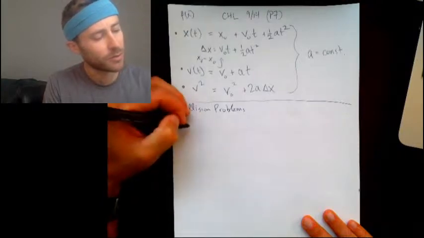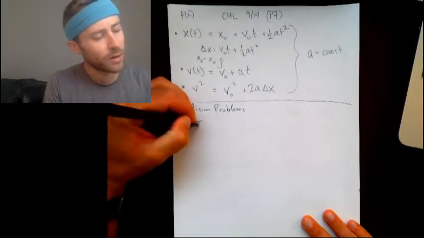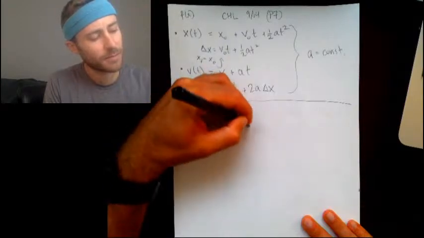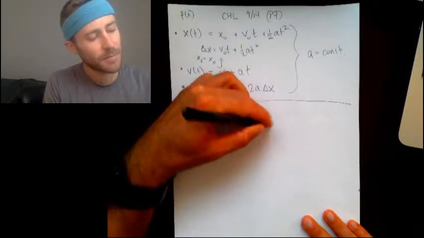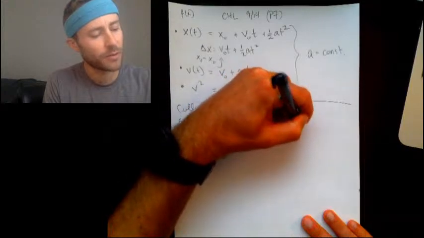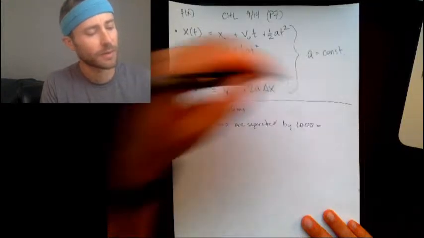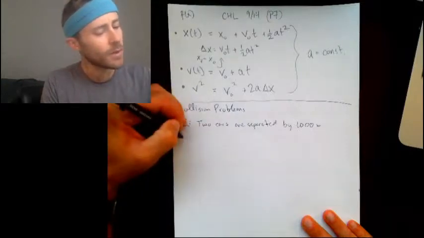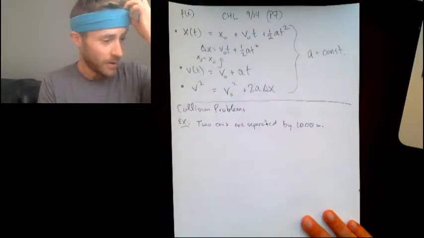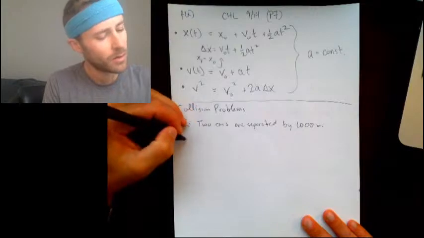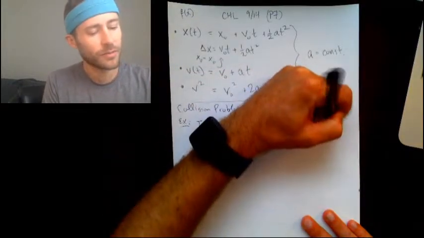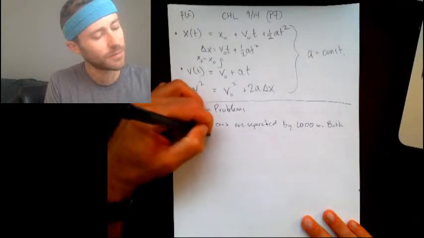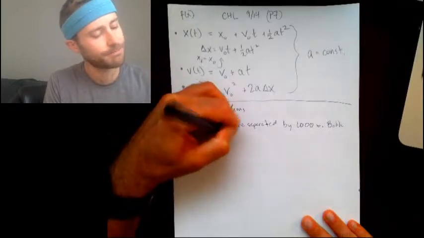So let's suppose two cars are separated by 1,000 meters, okay? Both cars start at rest.